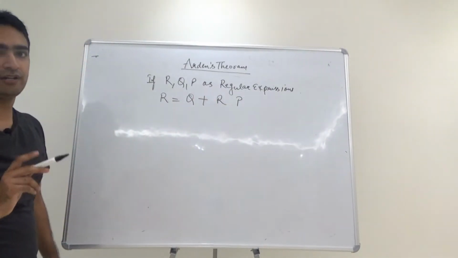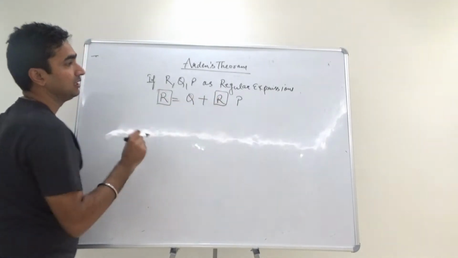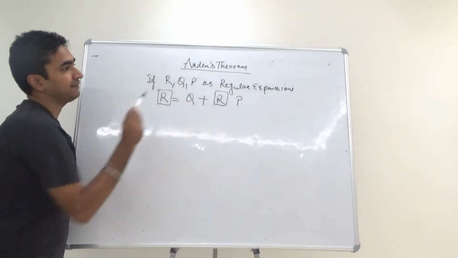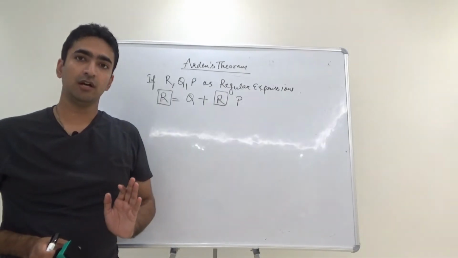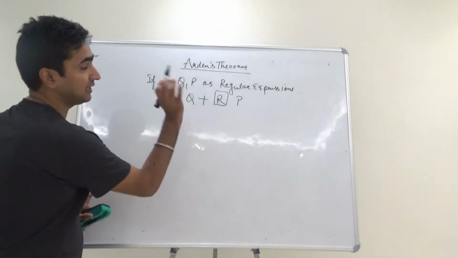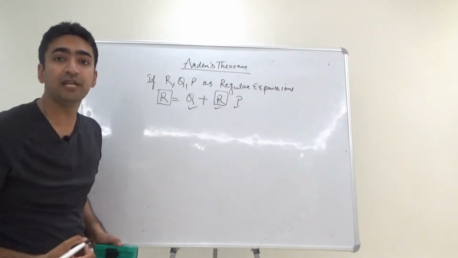Now guys, over here try to understand, there is this R, there is this R. So both are the same. I am giving you this hint. So R and R are the same. Now what happens in this particular scenario? There is a dependency of this R on three regular expressions: Q, R and P.